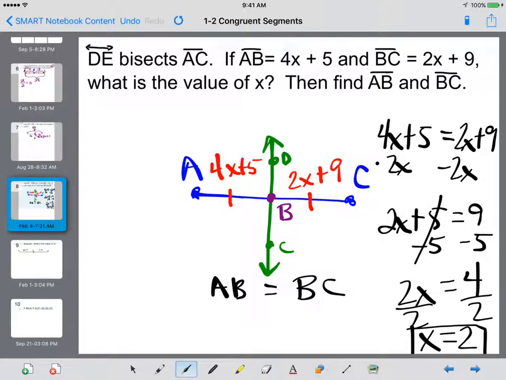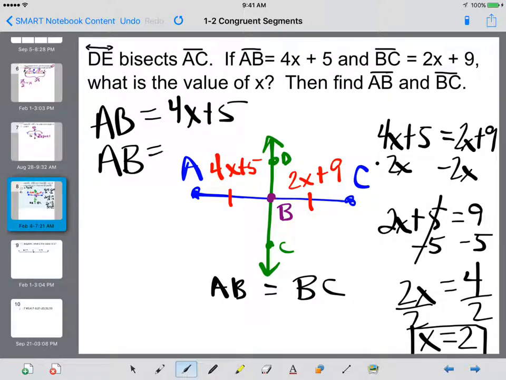Now that gives us a value of x. We need to plug it back in to find our segment AB. So AB is 4x plus 5. We can plug in the 2 for x. So we get 4 times 2 plus 5. So the length of AB equals 13.